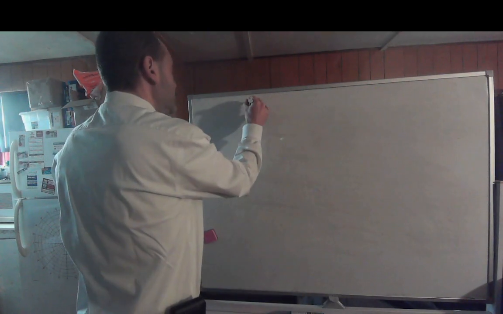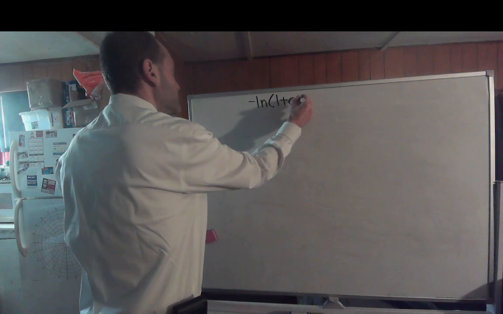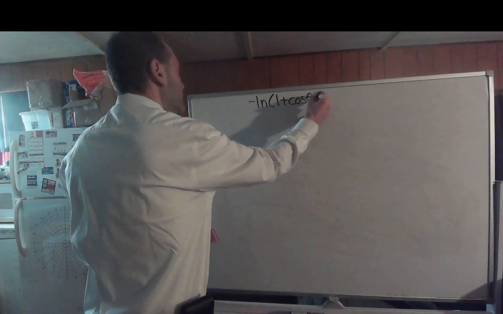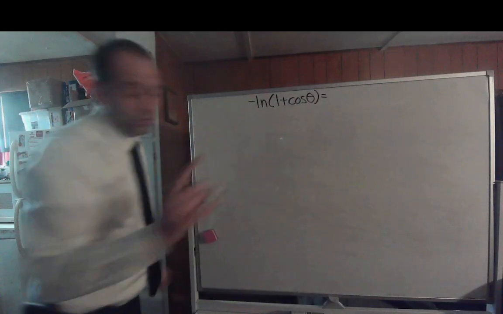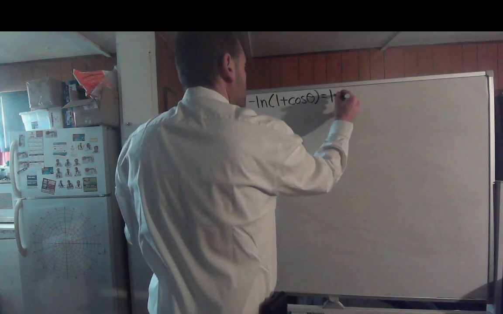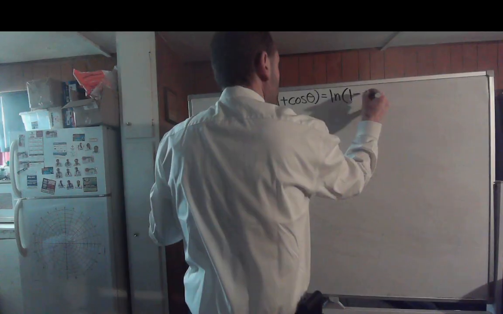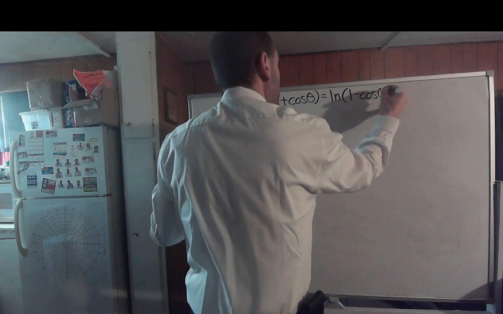Alright, so we have to verify that the negative of the natural log of 1 plus the cosine of theta is equal to the natural log of 1 minus the cosine of theta minus 2 times the natural log of the absolute value of the sine of theta.